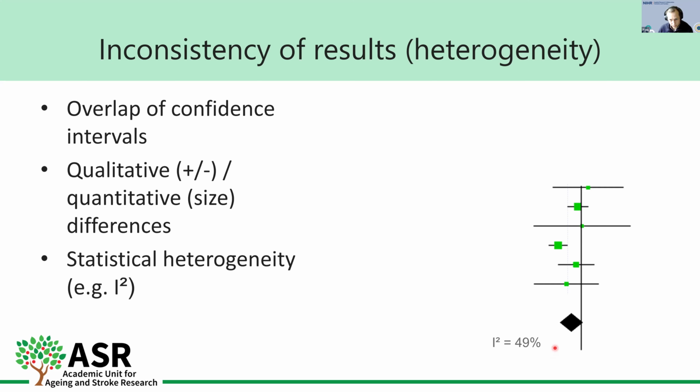So here we would rate this as serious concerns because of this lack of overlap in the confidence intervals between these two, and because we're relatively close to the line of no effect here. If all of this was shifted so that it was over here, or in other words, if the line of no effect was over here, then we might decide not to downgrade.